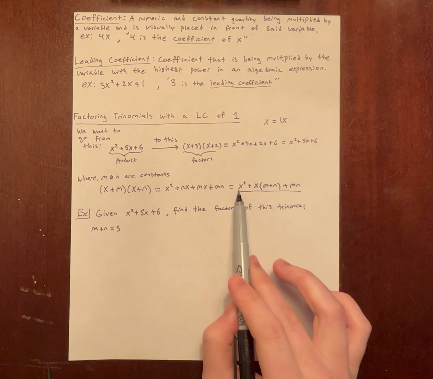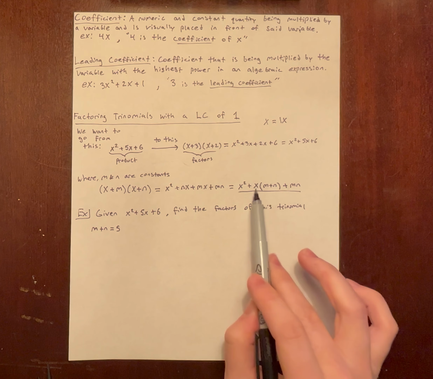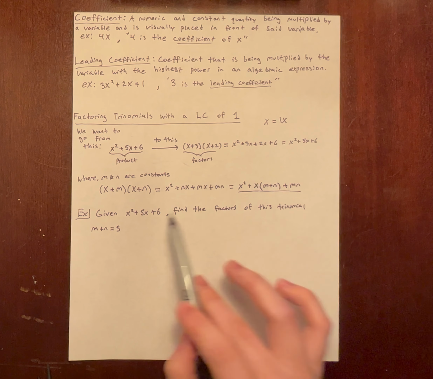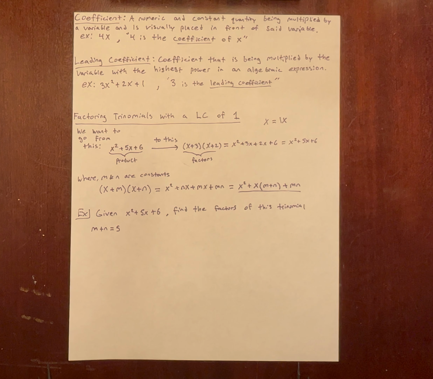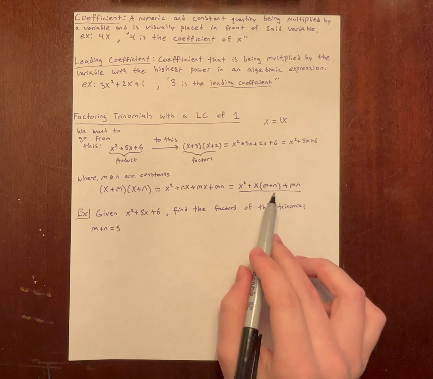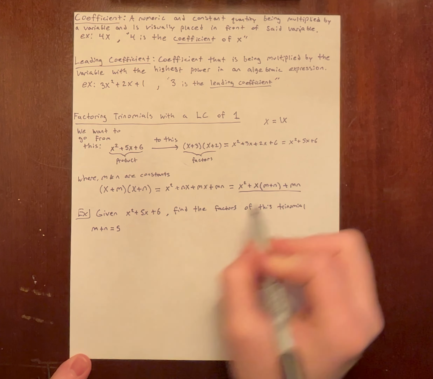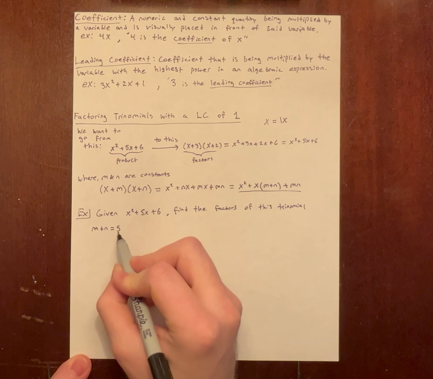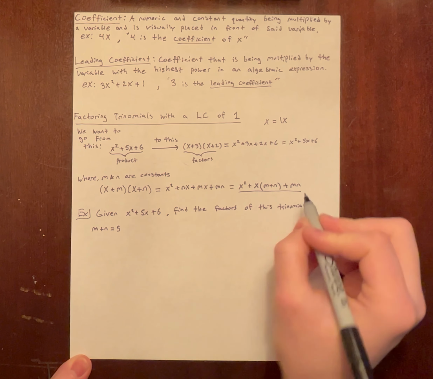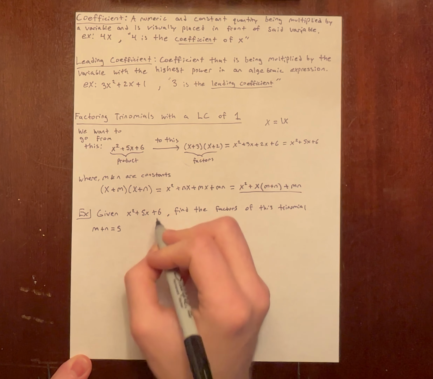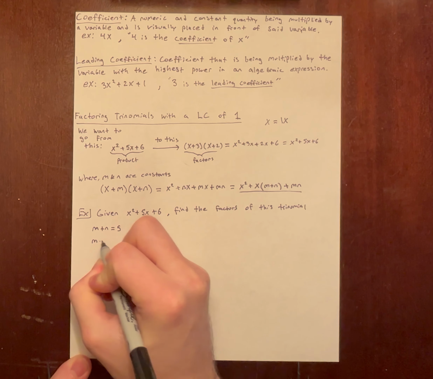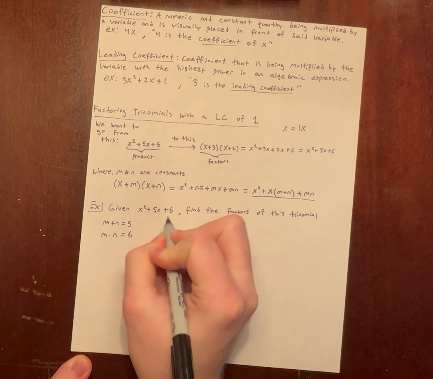So if we have x squared plus something x plus a constant, and another x squared plus something x plus a constant, then we can set those coefficients equal to each other, because these should be in the same form. So there should always be two numbers that add to this term, and there should always be two numbers, m and n, that will multiply to this term.